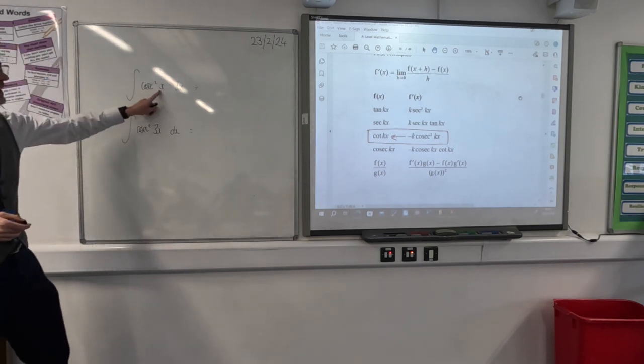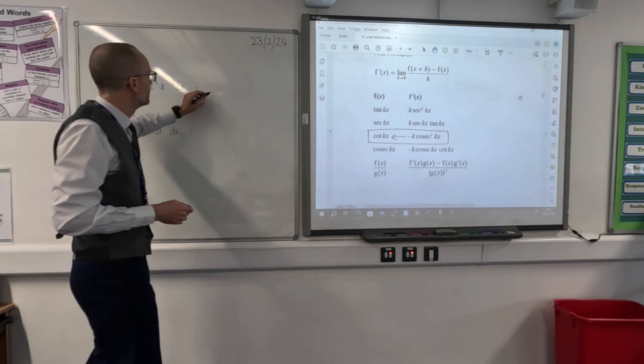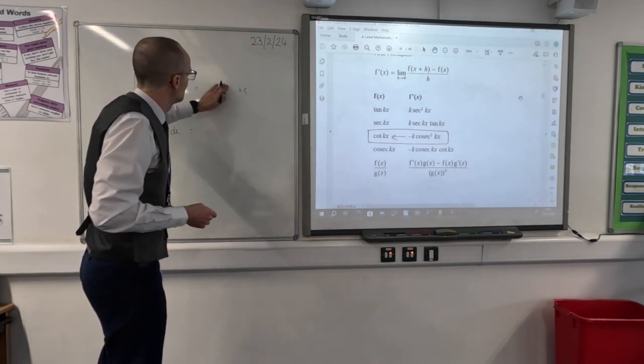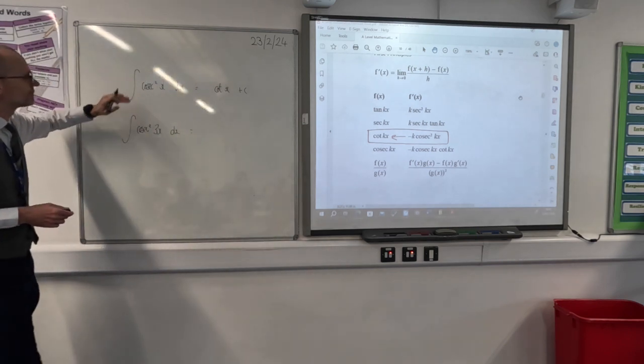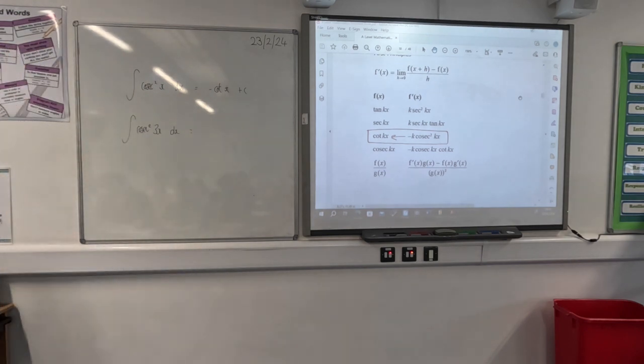So this is a 1x here. So if there was a minus 1 out the front, the answer would be cot x. There's no minus there. So we need to divide this by minus 1. So that's how that goes.